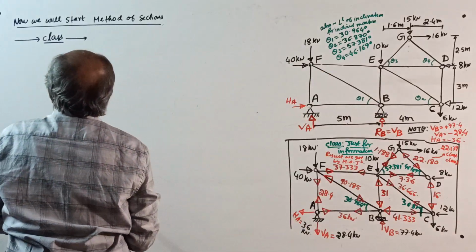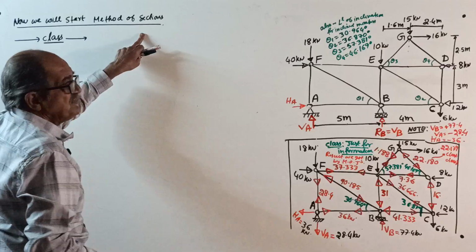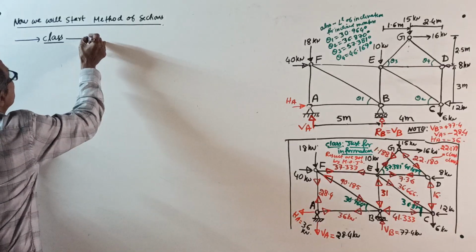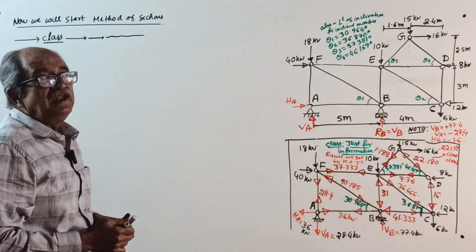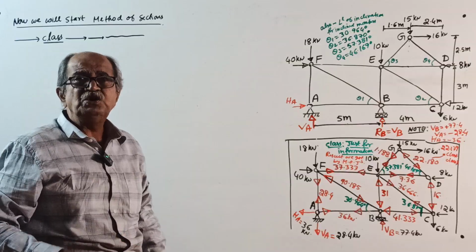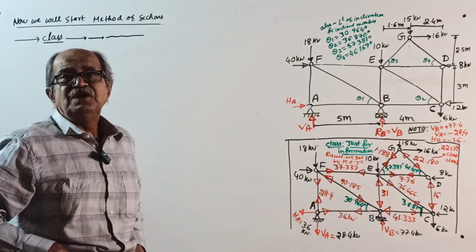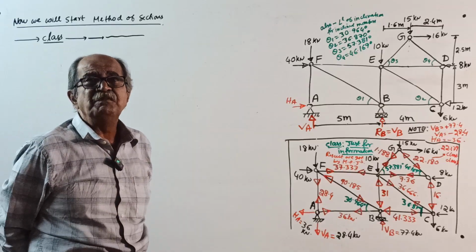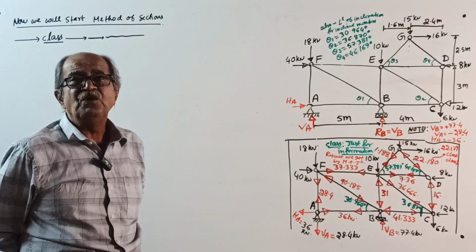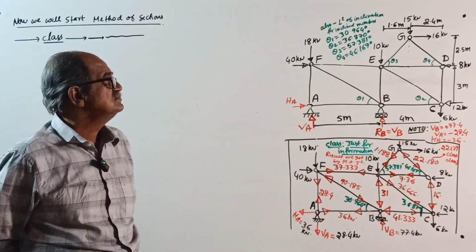Now we will start method of sections. First class, something I will dictate. You should write. In method of sections, this is all told. We first decide forces in which members, or axial forces in which members, are required.